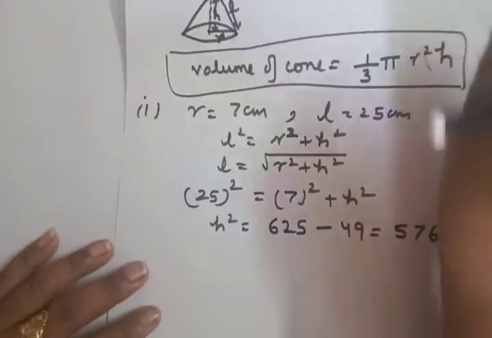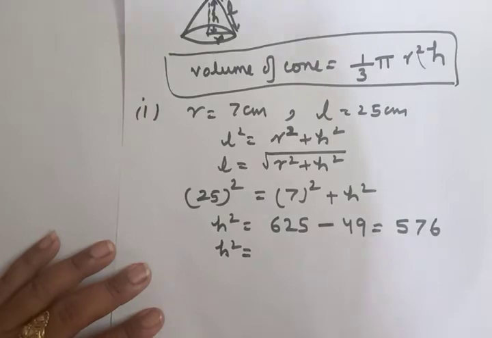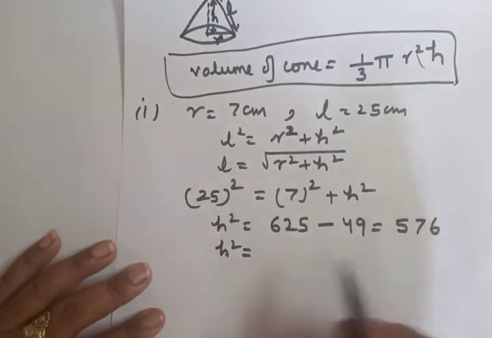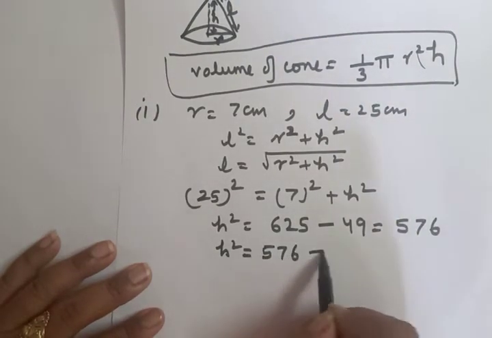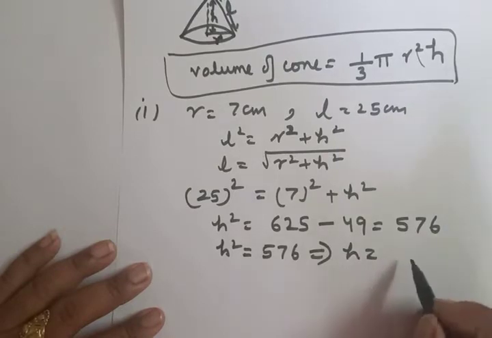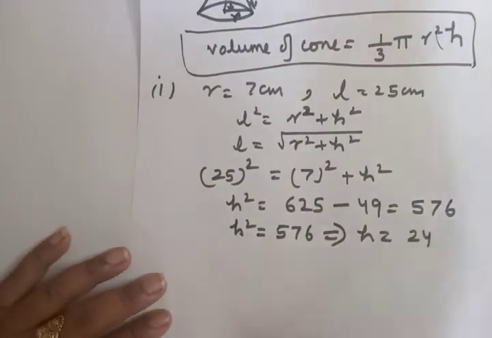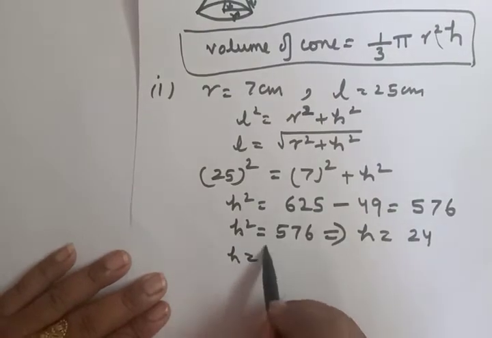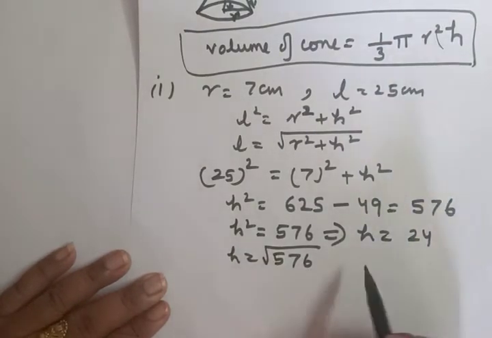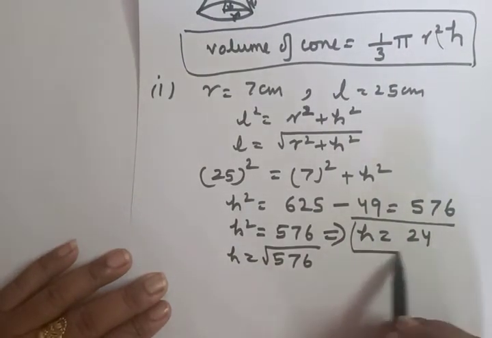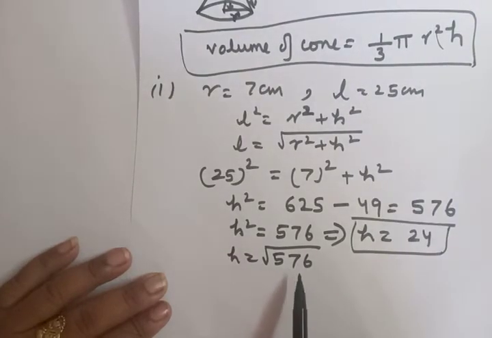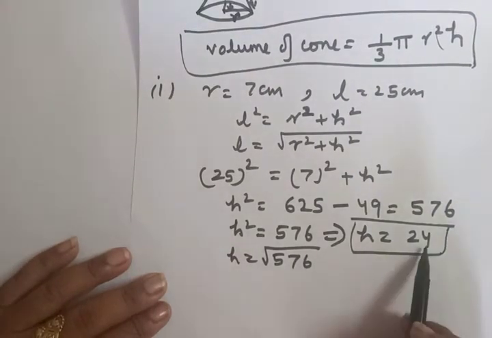Now H square is equal to 576. It implies that H is equal to 24. I have written directly, let me make it clear. H is equal to under root of 576, which means H is equal to 24. Under root 576 is 24.